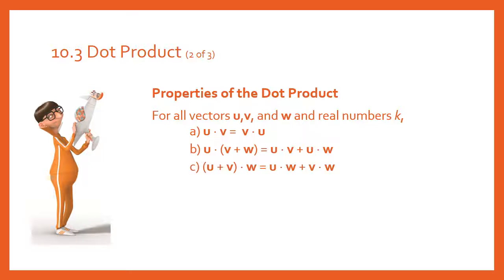This is the same thing, just rearranged. k u dot v is the same as k times (u dot v), or u dot kv. The zero vector dot any vector is zero. That's no big surprise there. When you do a dot product of a vector with itself, you get its magnitude squared.